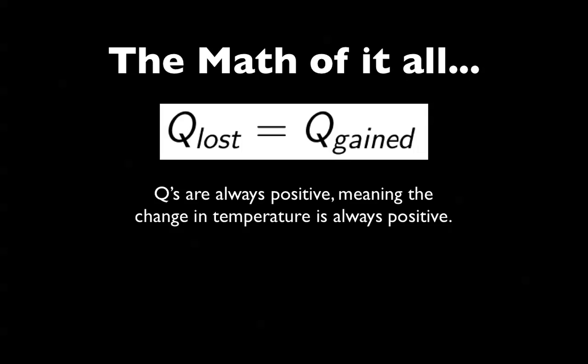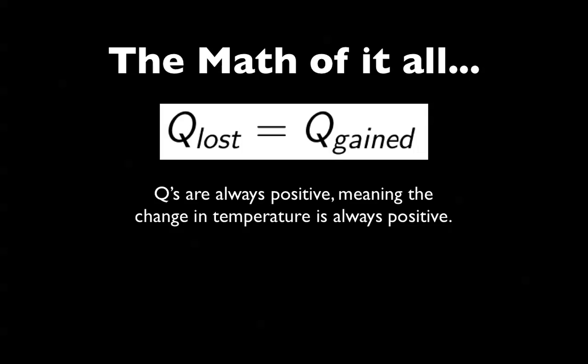Now, the thing that's most important to understand is that the Q's are always positive, okay, which means the change in temperature is always positive. So a good thing that you should write down in your notes while I'm saying this is that when you talk about the change in temperature for objects that are gaining heat, you want it to be positive, which means it should be the final temperature minus the initial temperature.